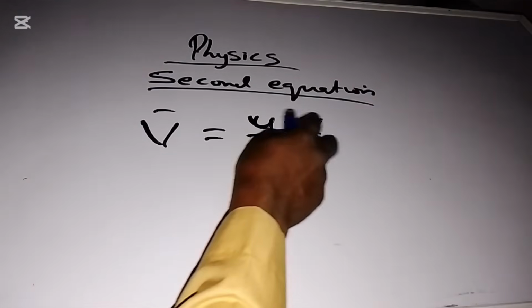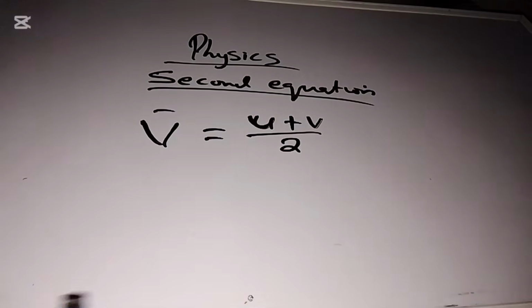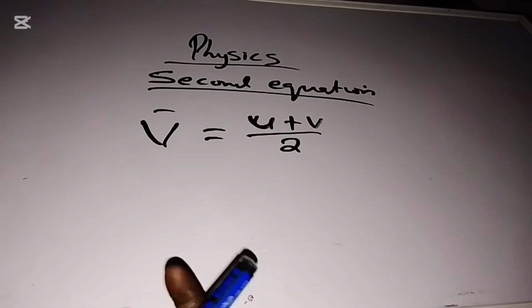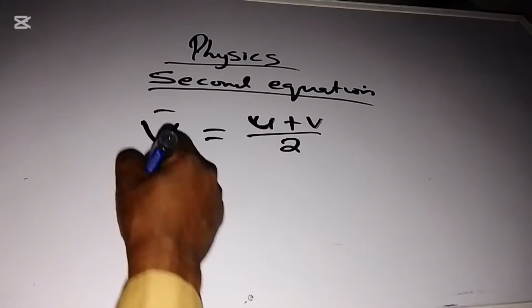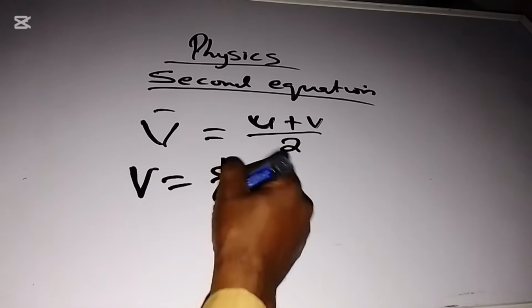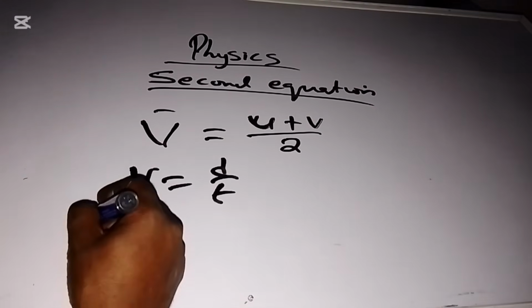U is the initial velocity, v is the final velocity, over 2. That makes the average velocity. It can also be written as distance over time, okay? Velocity is also distance over time, so we can equate them together.